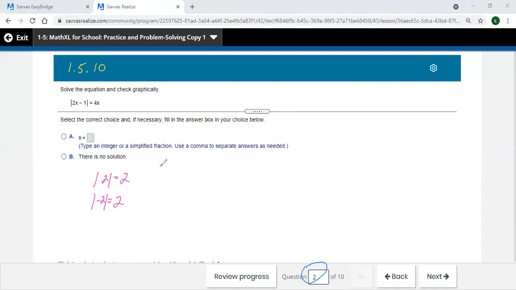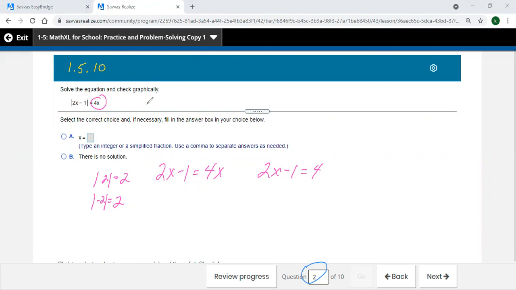So if the 2x minus 1 comes out to the exact same number as the 4x, that would be one solution. And the other one, you really need to double check, because sometimes it can't work. Like if we put a negative x in on this right side, that's going to multiply out to a negative number, and an absolute value can never be a negative.